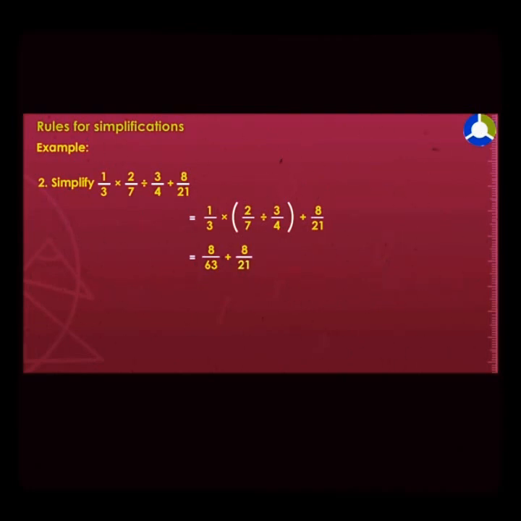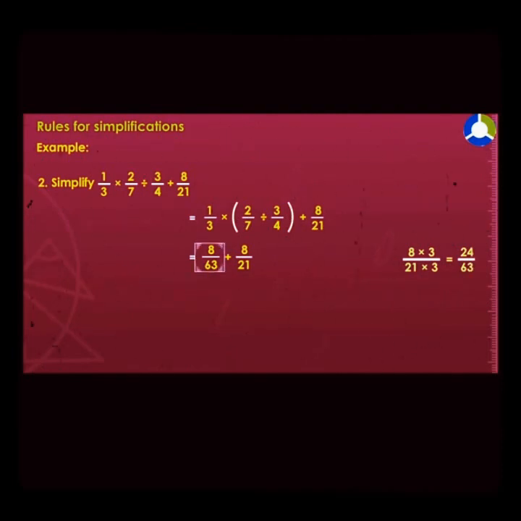For that, first find the LCM of 63 and 21. Here, the LCM of 63 and 21 is 63. So, change the denominator to a common denominator 63. Therefore, 8 multiplied by 3 divided by 21 multiplied by 3 equals 24 by 63.